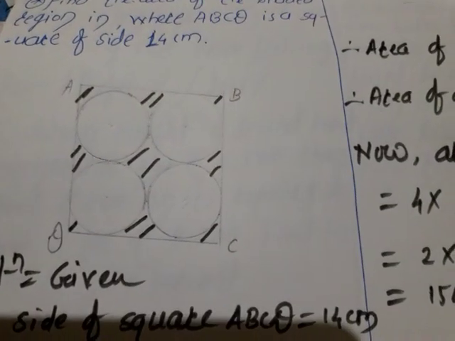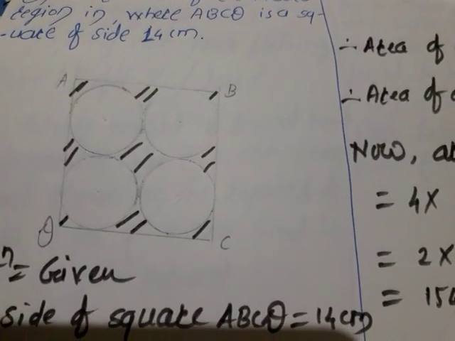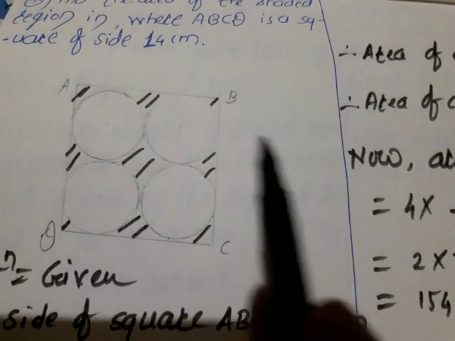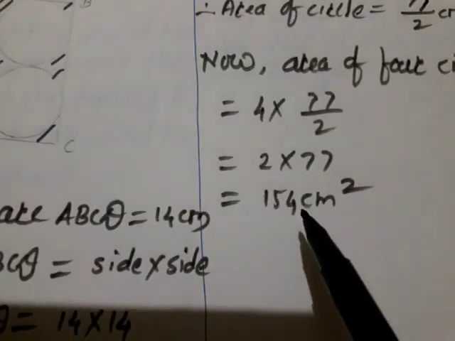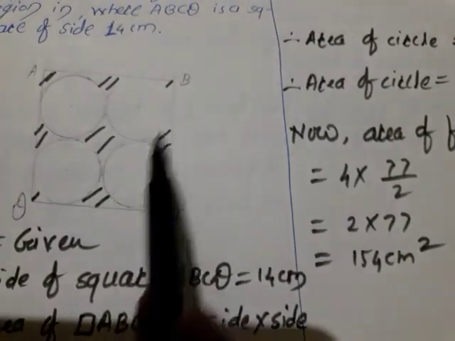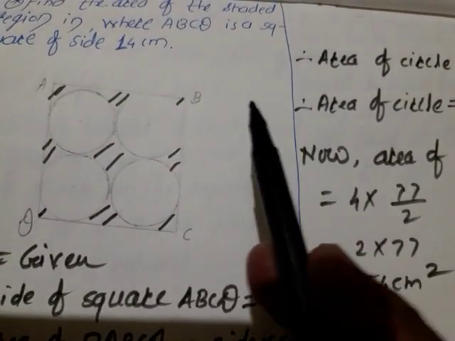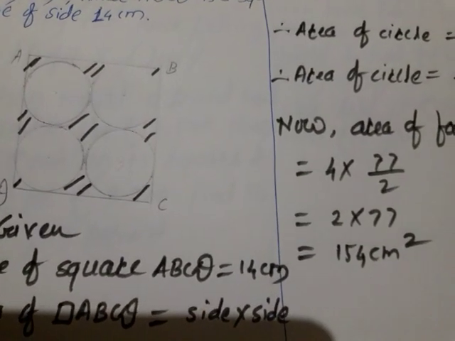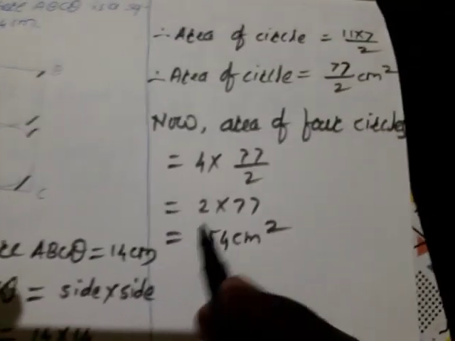Now we want to find out here the area of the shaded region. For that purpose what we will do, now we will subtract this area of those 4 circles from the area of square, then the remaining area will be the area of the shaded region.